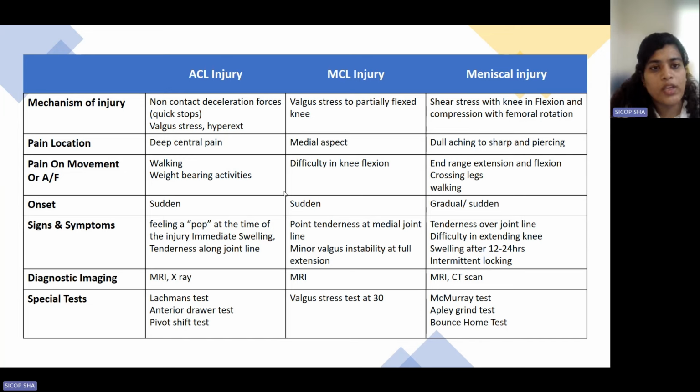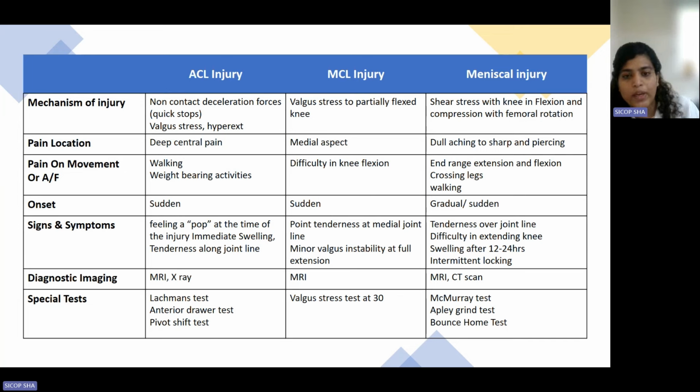In ACL injury, as we have already seen in the history part, the forces usually involved are non-contact deceleration force, quick stops, valgus stress, and hyperextension. The patient complains of deep central pain while walking and weight bearing activities.